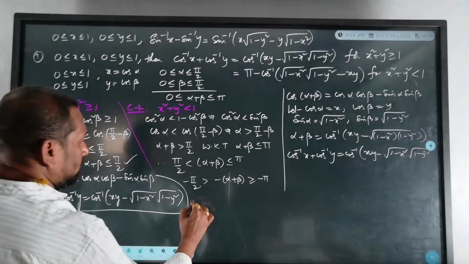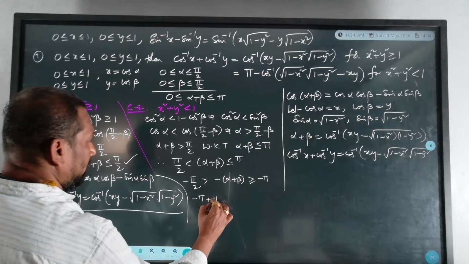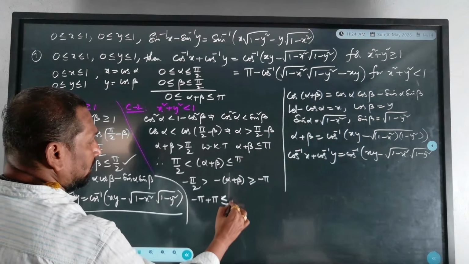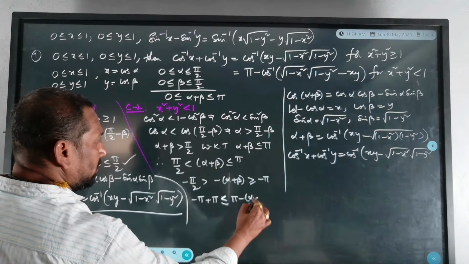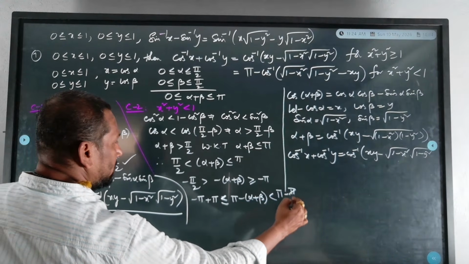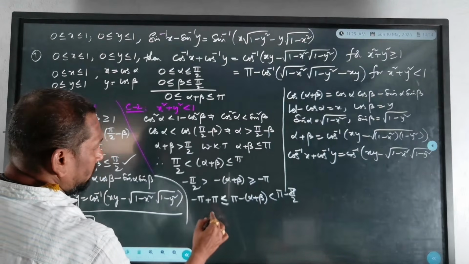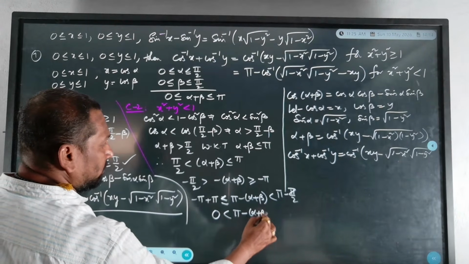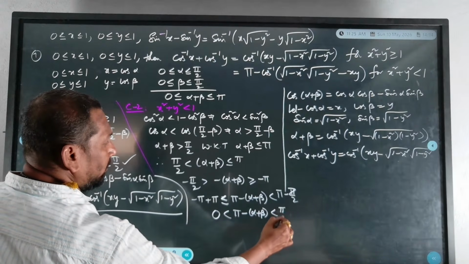Okay, so minus pi plus pi is less than or equal to pi minus of alpha plus beta, which is less than pi minus pi by 2. So this is 0 less than pi minus of alpha plus beta less than pi by 2.